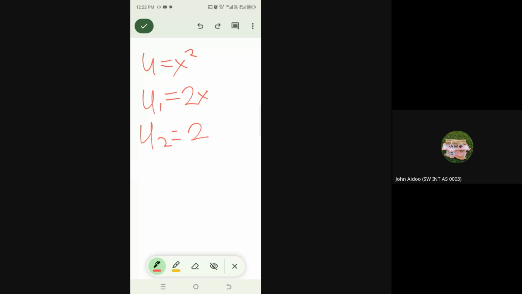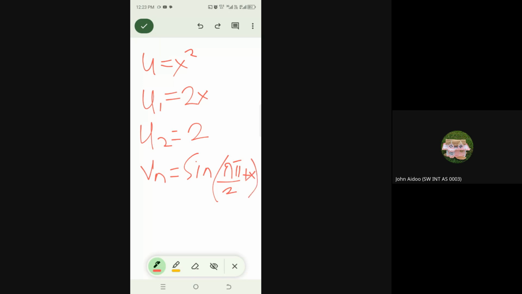We are ending on the second derivative for u. And v_n is sine of (n pi over 2 plus x).